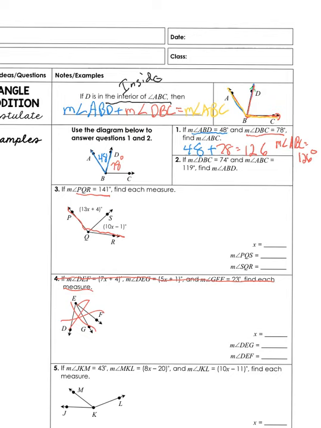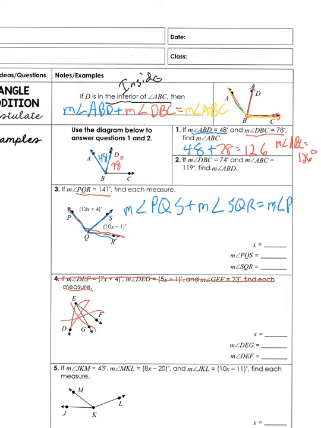I have PQS plus SQR. If you notice, I have this part here as well. These equal the entire thing, the measure of angle PQR.